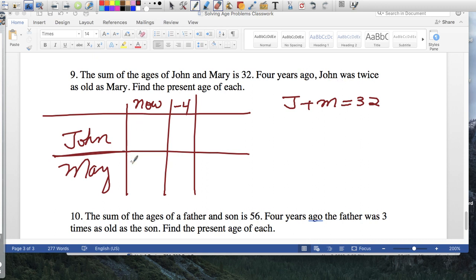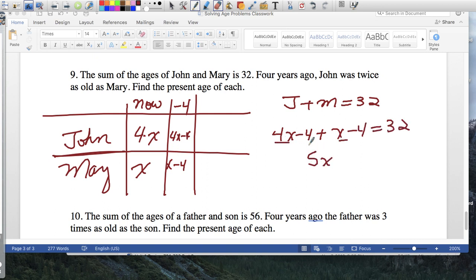So it's Mary X. John is 4 times as old as Mary. And then 4 years ago, it'd be 4x minus 4 and x minus 4, right? Let's see if that works. 4x minus 4 plus Mary, which is x minus 4, equals 32.